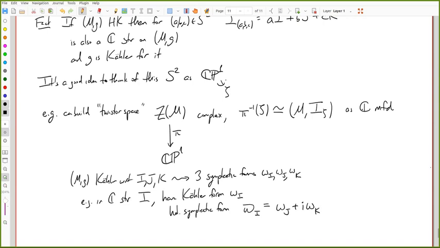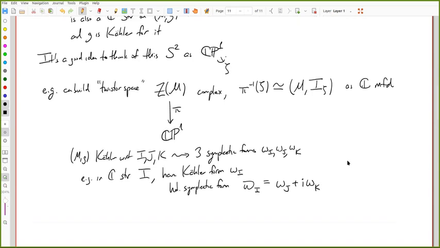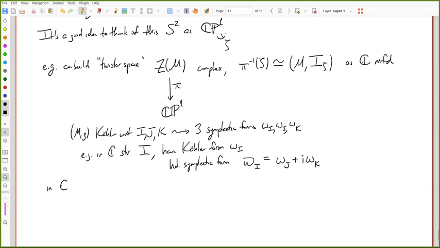So let me, because it'll be useful in a second, in complex structure I_zeta, the holomorphic symplectic form varpi of zeta.